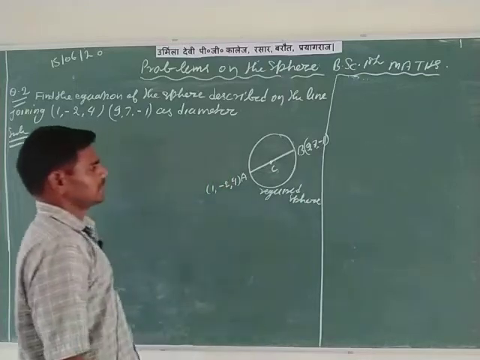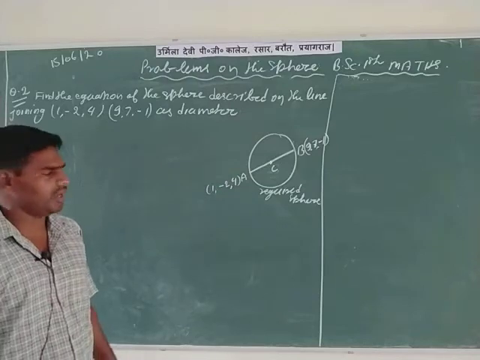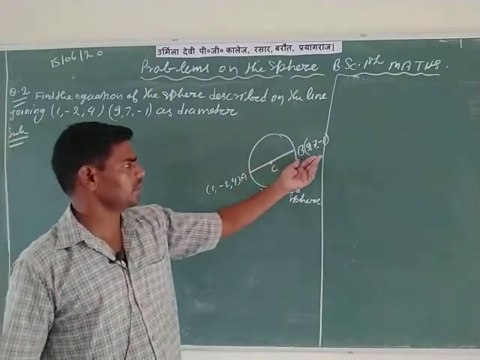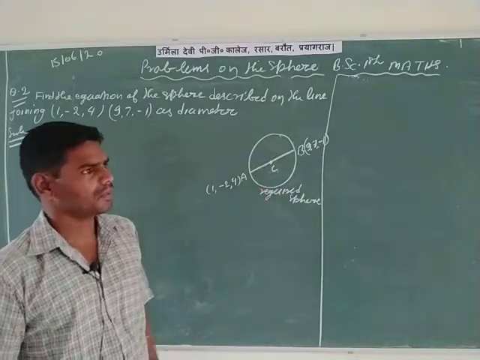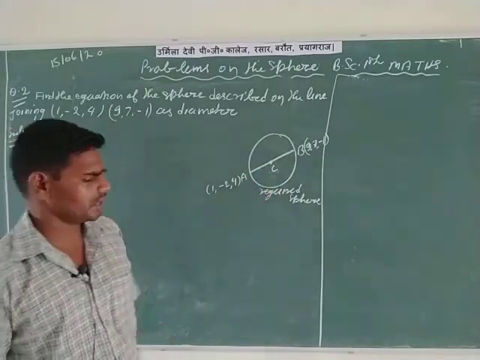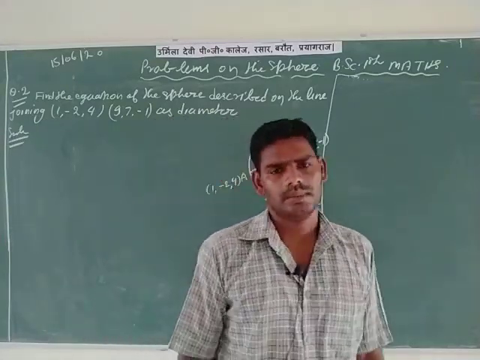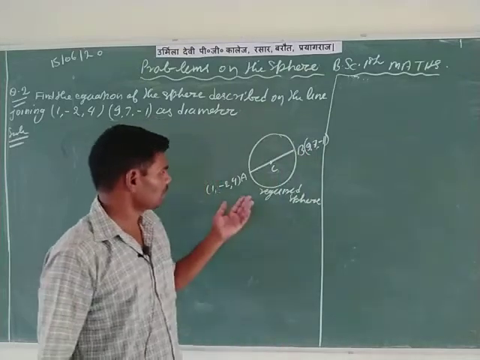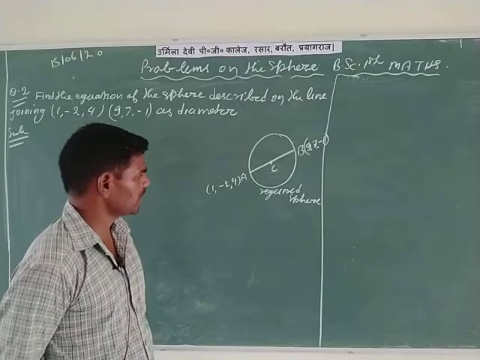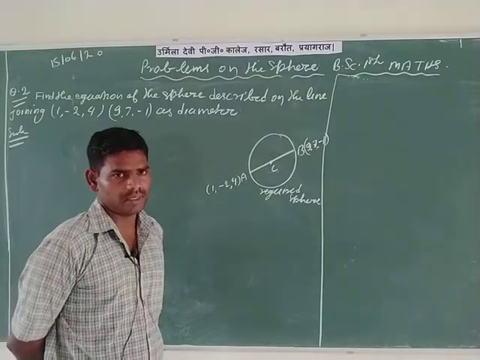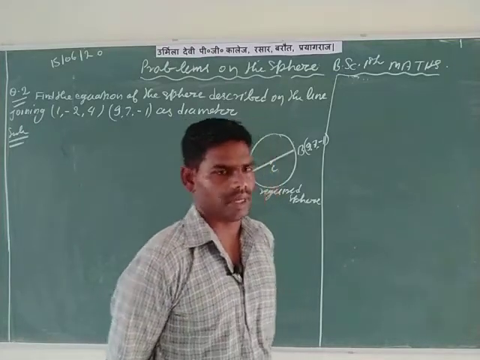According to the question, the coordinates of the diameter end points capital A and capital B are given, so capital C is the center. For this question you can directly use the formula for the diameter form of the sphere, in which if the end coordinates of the diameter are given, then you directly use the formula and find the equation of the sphere.